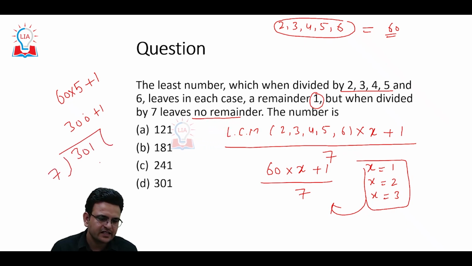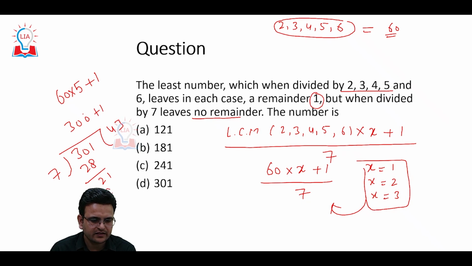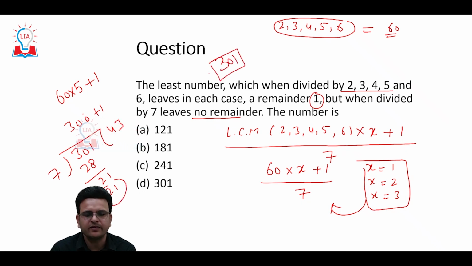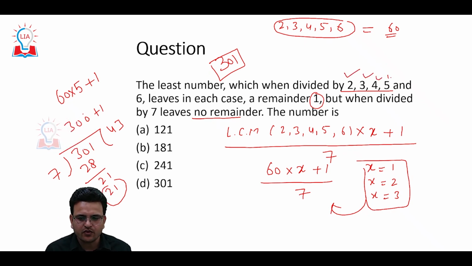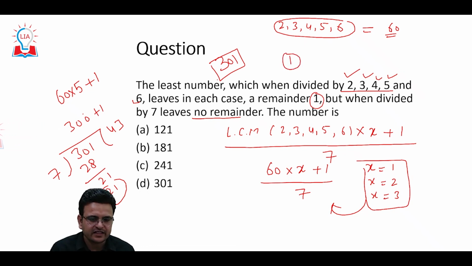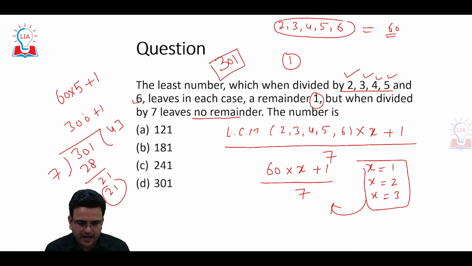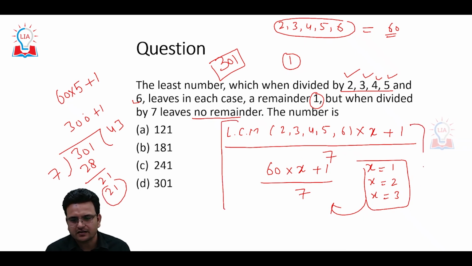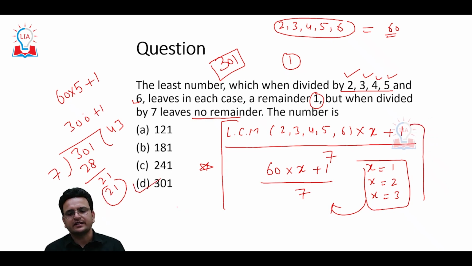When you divide by 7, 7 fours are 28, 7 threes are 21. It means 301 is the least number which, when we divide by 2, 3, 4, 5 and 6, leaves a remainder 1. But when we divide by 7, there is no remainder. You have to understand this part very well. It is very important. So the answer will be 301.